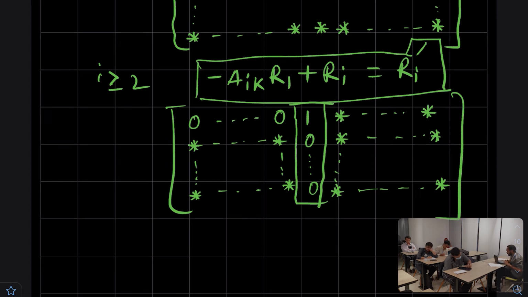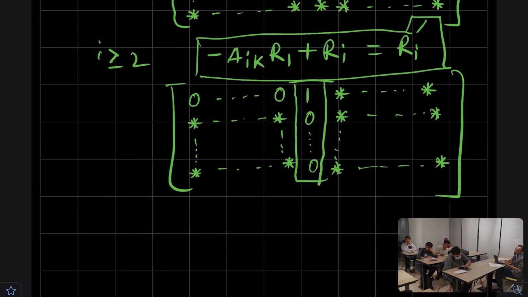Then again, for the second row, what will be the situation? It is possible that the first few stars can be 0, or even the first star can be a non-zero element of the second row, right?